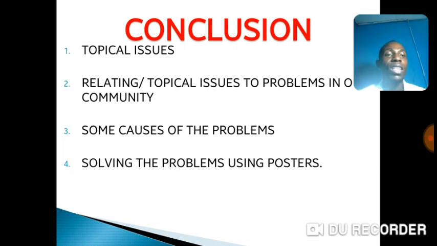Now, before we look at our assignment, let's go over the conclusion again. We looked at topical issues, related them to issues or problems in our community. We also looked at some causes of these problems in our community. We learned how to solve these problems using posters.